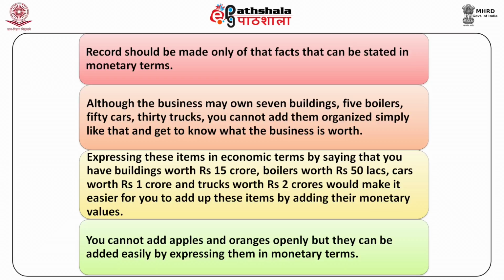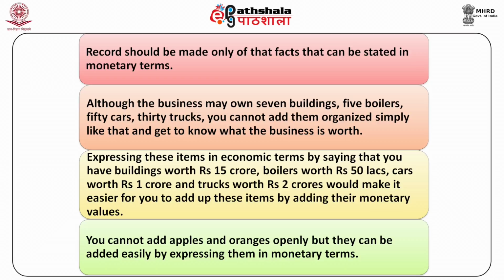Expressing these items in monetary terms by saying that you have buildings worth rupees 15 crore, boilers worth rupees 50 lakhs, cars worth rupees 1 crore and trucks worth rupees 2 crores will make it easier for you to add up these items by adding their monetary values.